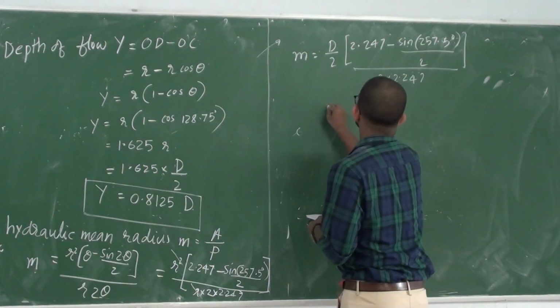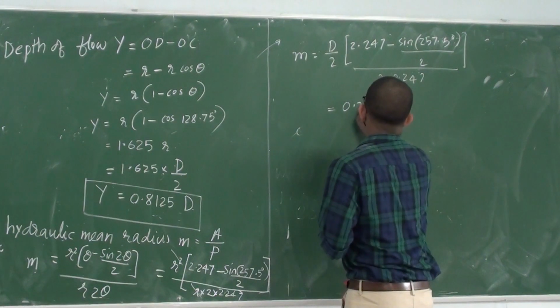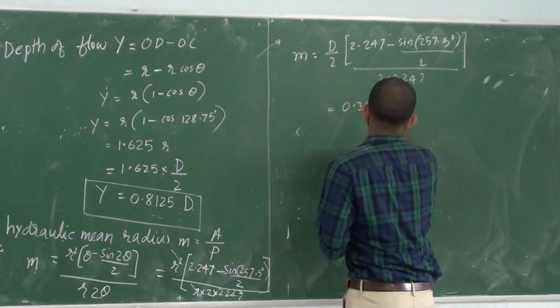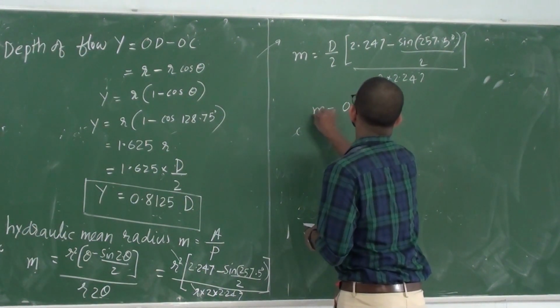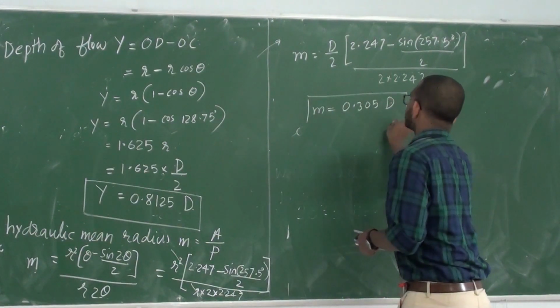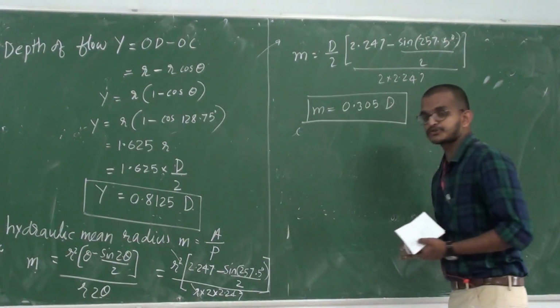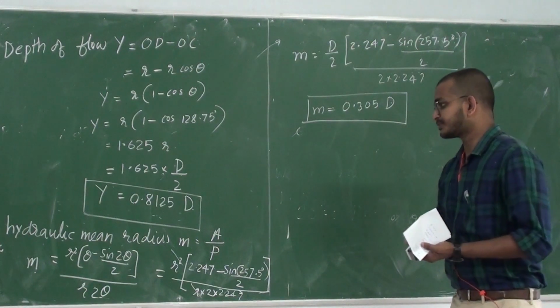This is equal to 0.305 times the diameter. So the hydraulic mean depth m is equal to 0.305 times the diameter in order to get the maximum velocity.